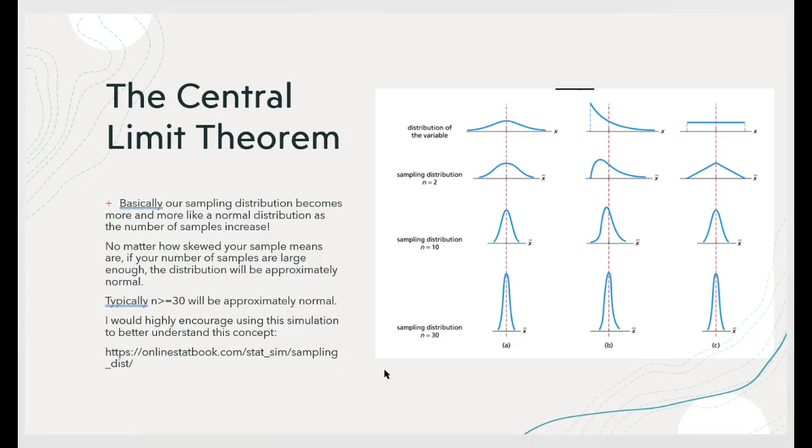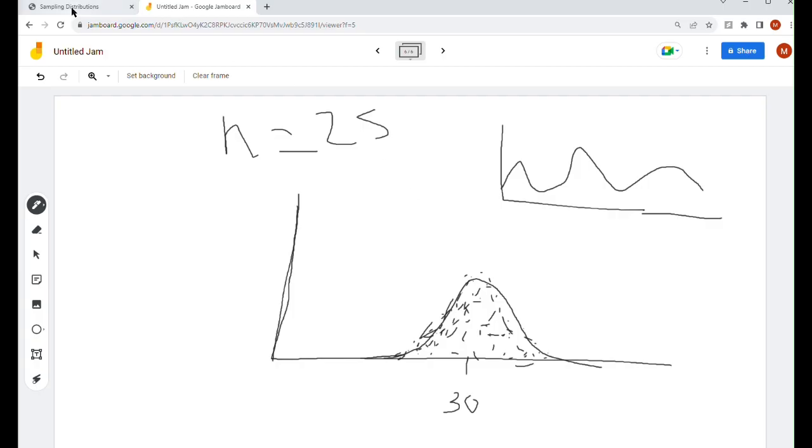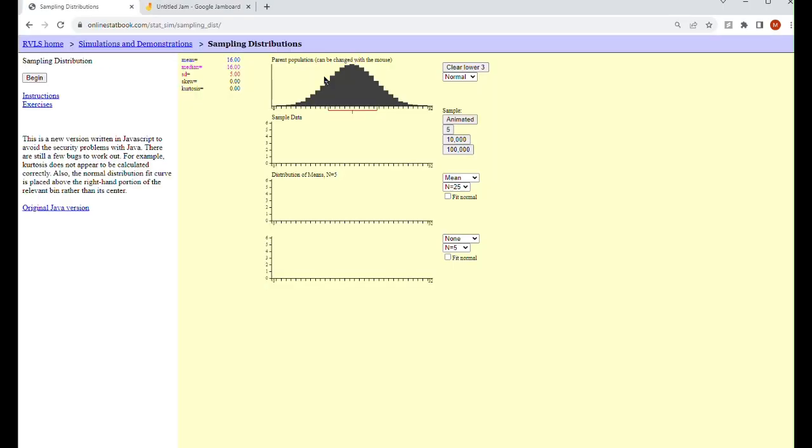And what I'd like to do is, there's this website that has a very useful visualization tool that can really help us see this in action, right? I encourage you guys to try this out on your own as well. So what we have here is the parent population, which we can set up, right?